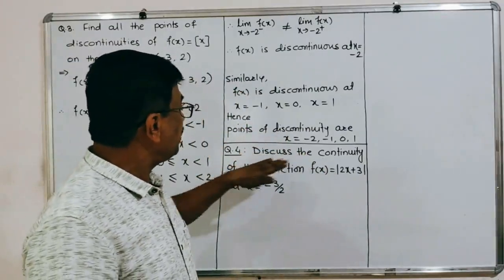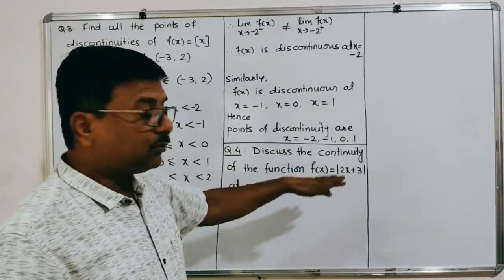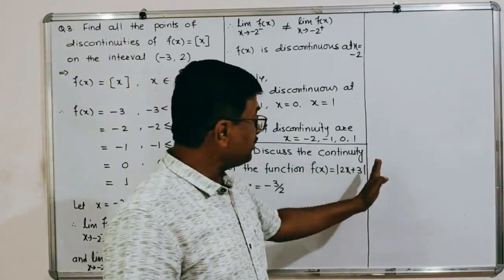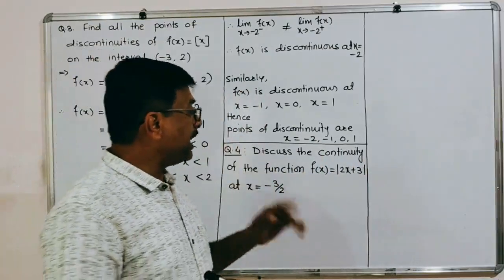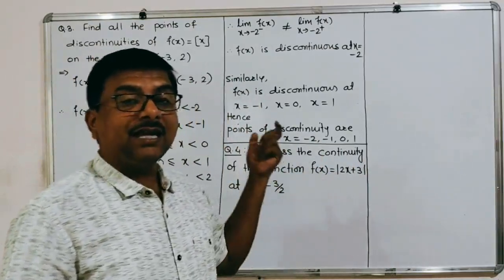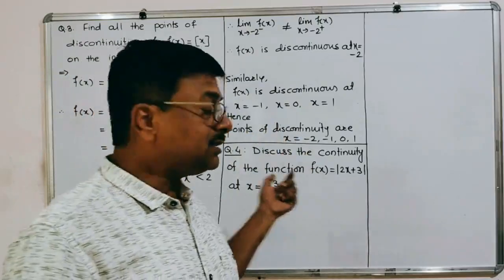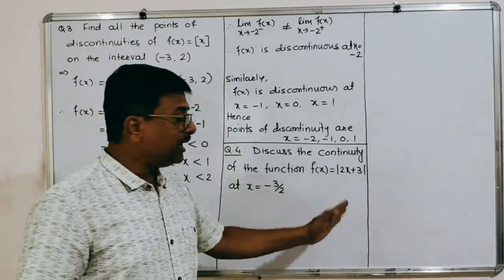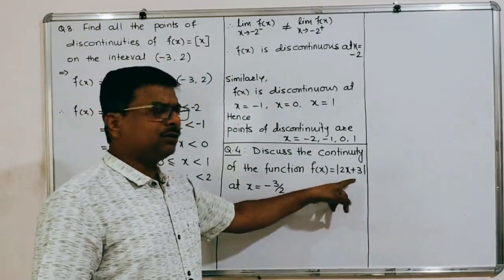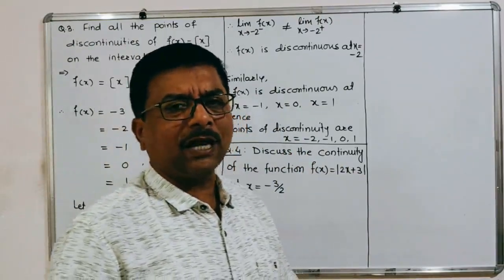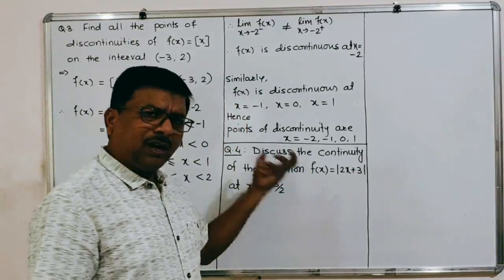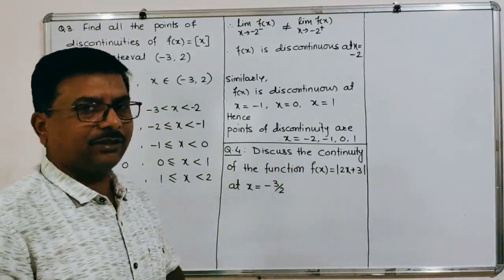Discuss the continuity of the function f of x is equal to mod of 2x plus 3 at x is equal to -3/2, and we know that modulus function is always continuous at every point on its domain. Hence we can say that this function 2x plus 3 is also continuous at x is equal to -3/2. Orally we can say that this function is continuous.